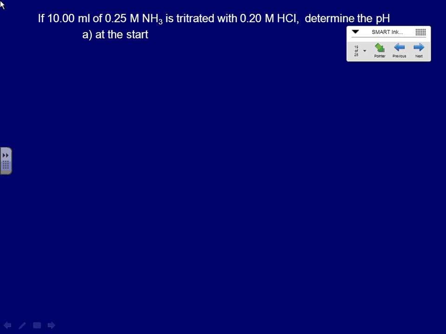So right at the start, again, I'm going to write down my strong acid and the weak base. I'm going to get some data down. I'm not really concerned about the products because I really just want to get my numbers in order. I'm dealing this time with 10 milliliters of NH3. Its concentration is 0.25 moles per liter.